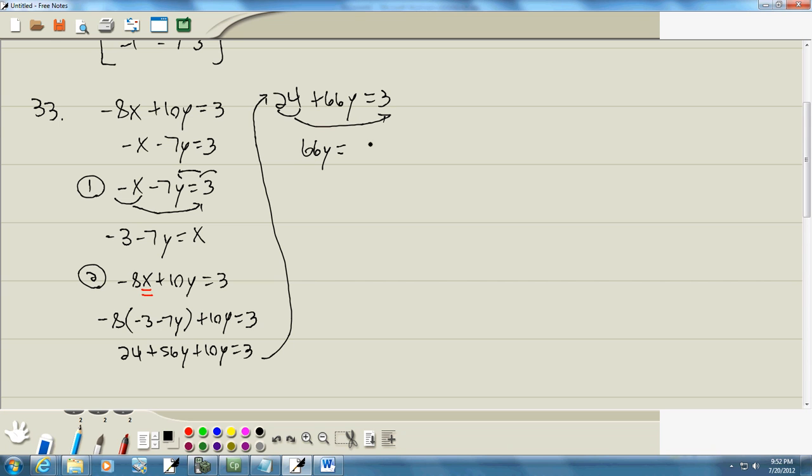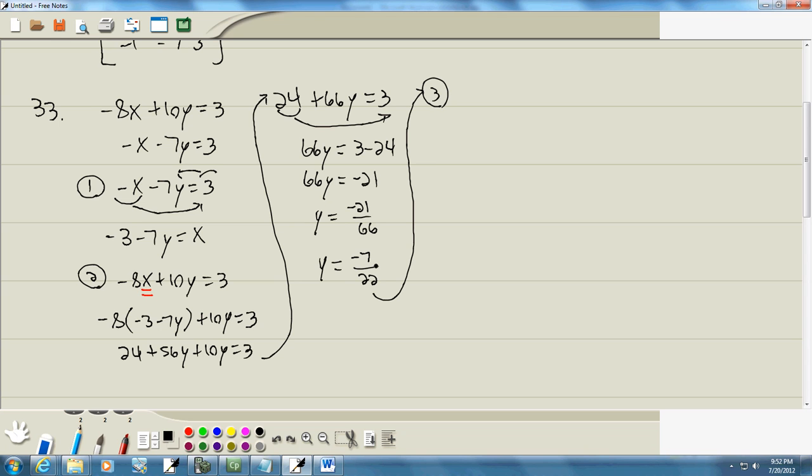You get 66y is equal to 3 minus 24, which is negative 21. Divide both sides by 66, and they're at least both divisible by 3. So 21 divided by 3 is 7, and 66 divided by 3 is 22. And that didn't look like it reduces any.